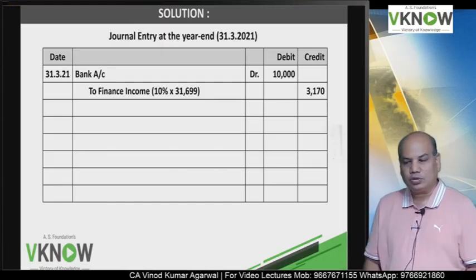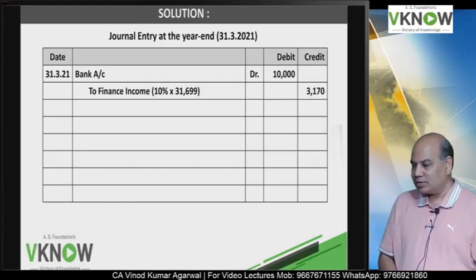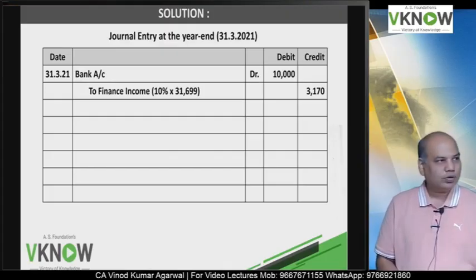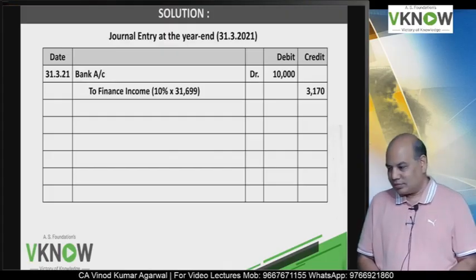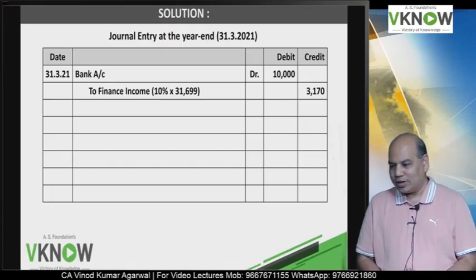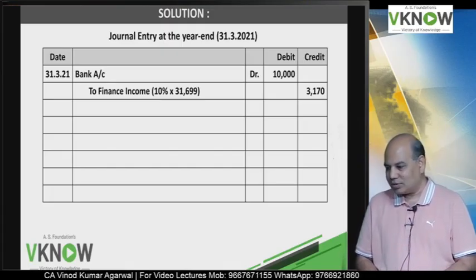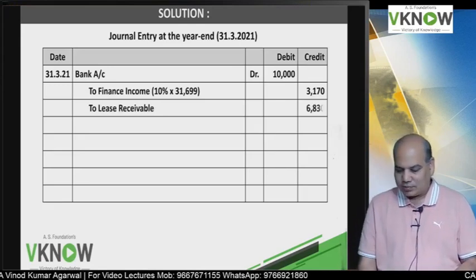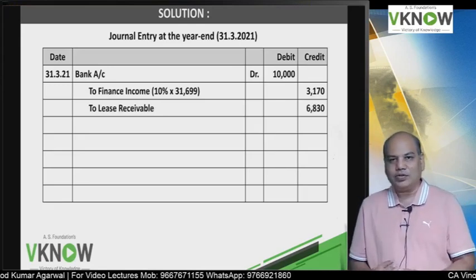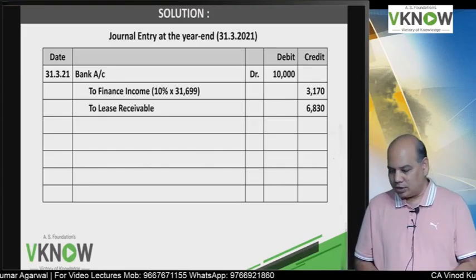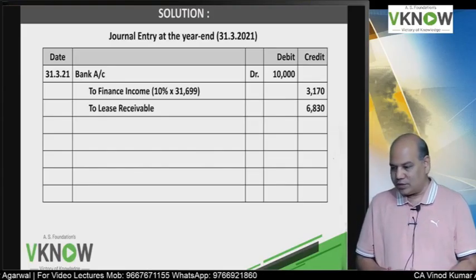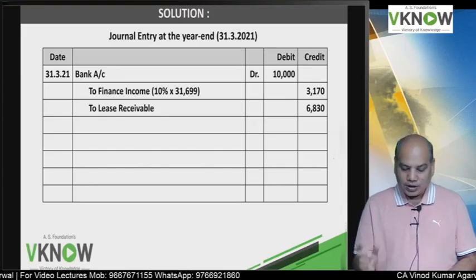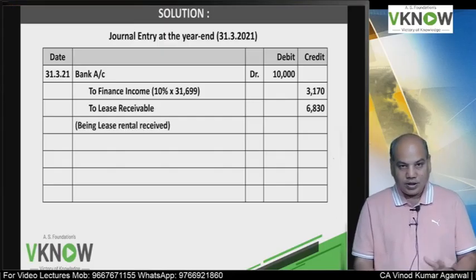Which account are you going to credit for the balance amount? You are going to credit lease receivable. So the lease receivable balance will reduce. Very good answer. Lease receivable, being lease rental received.